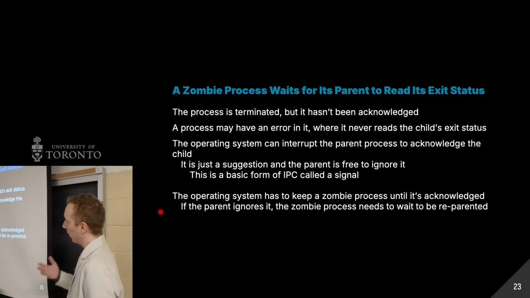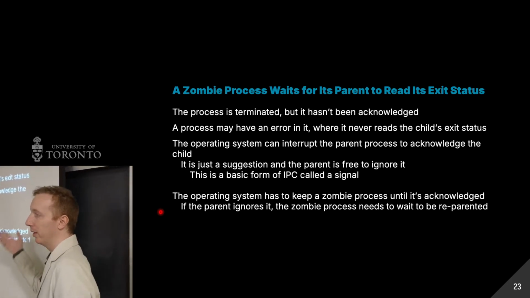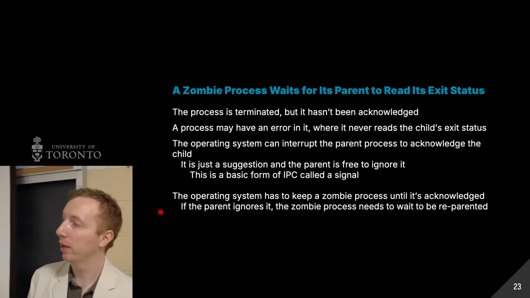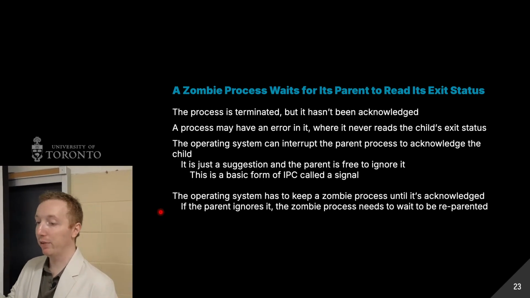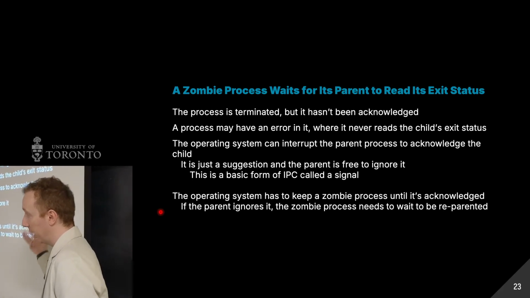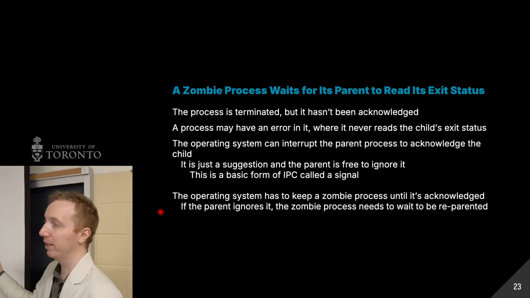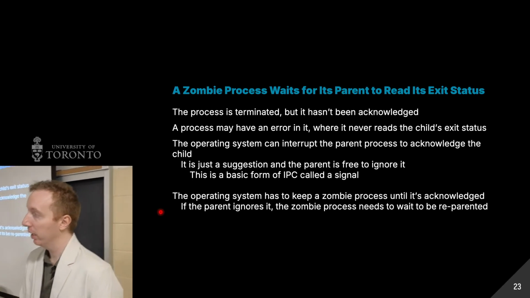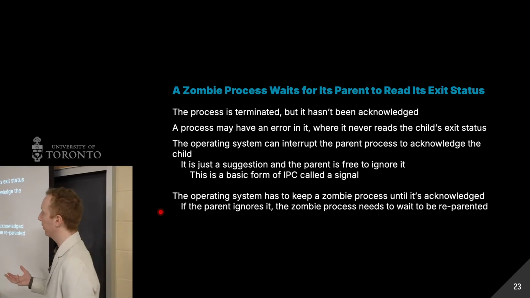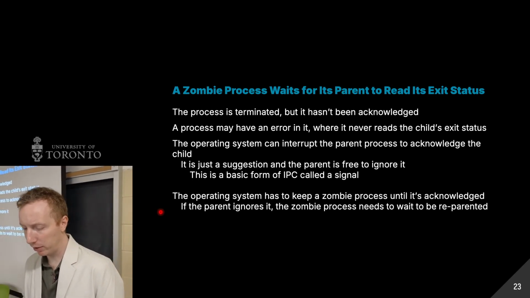But the reason this is important is that if you are a neglectful parent, the operating system has to keep that process around as a zombie process until it's acknowledged. So again, it's terminated, it can't run anymore, but the operating system can't get rid of it because it needs to be acknowledged by something. If the parent just completely ignores it, it's a zombie process and it needs to wait to get reparented, which we'll see in a bit.